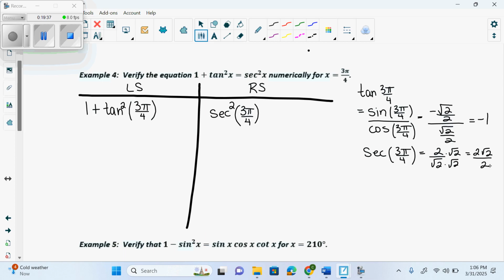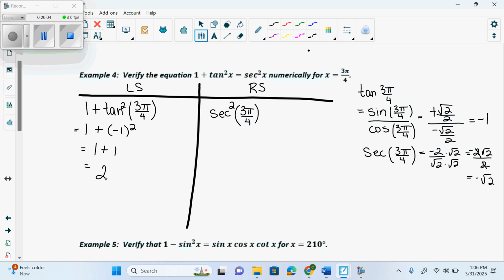So it's negative root 2. So we get 1 plus negative 1 squared, which is 1 plus 1, which is 2.